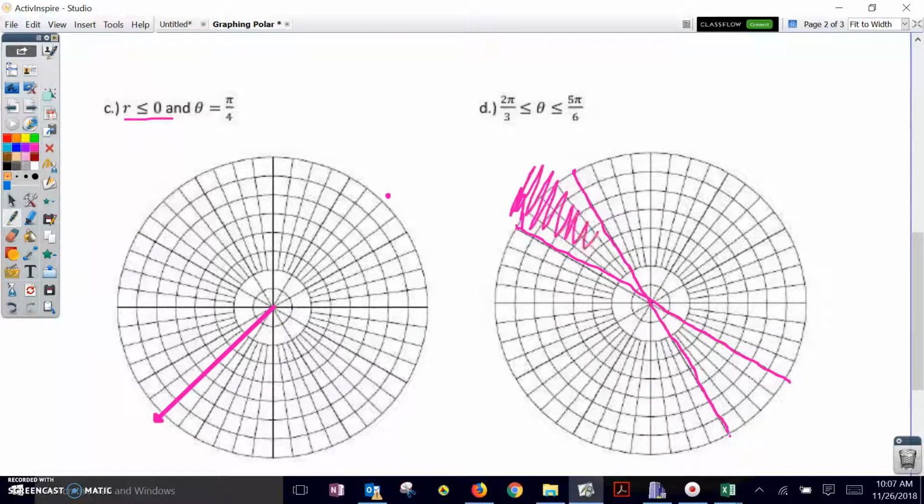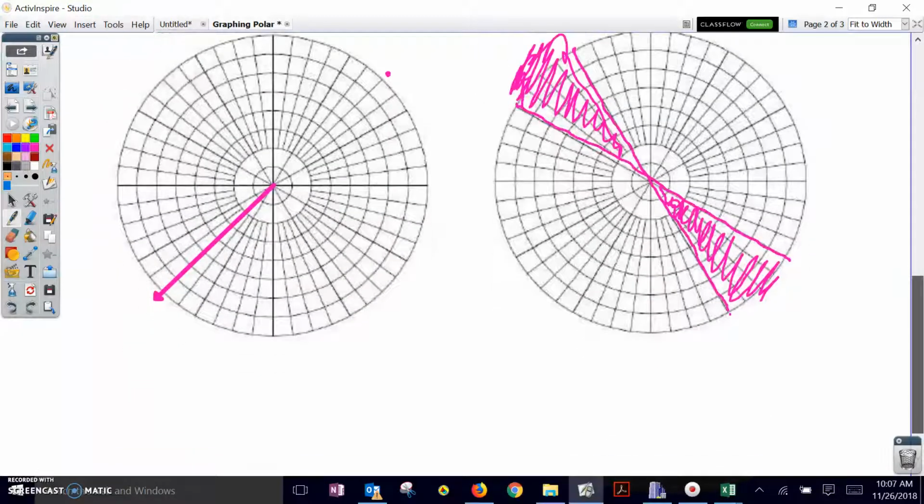And so this goes out indefinitely in both directions, and that's what that graph looks like.